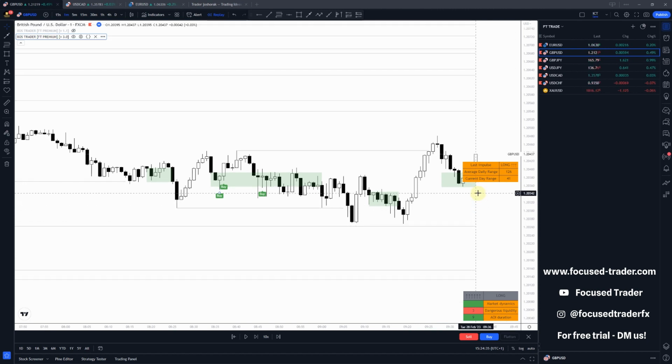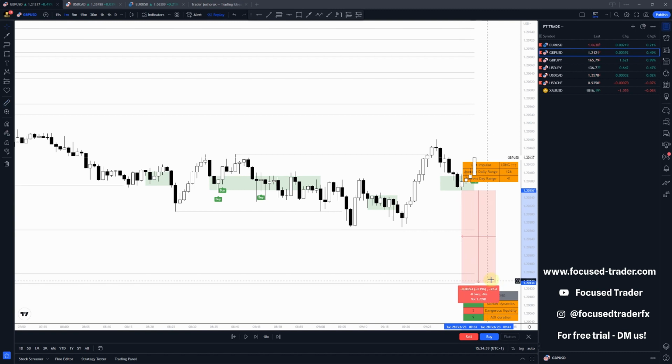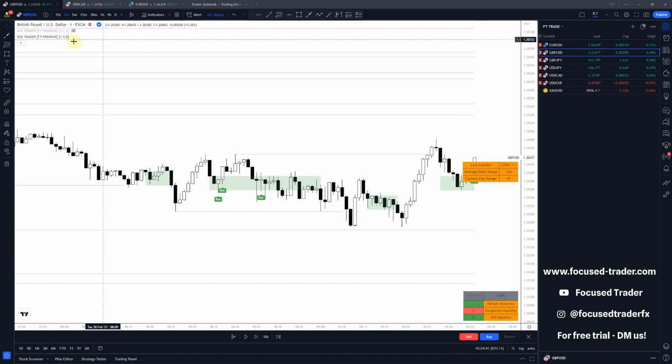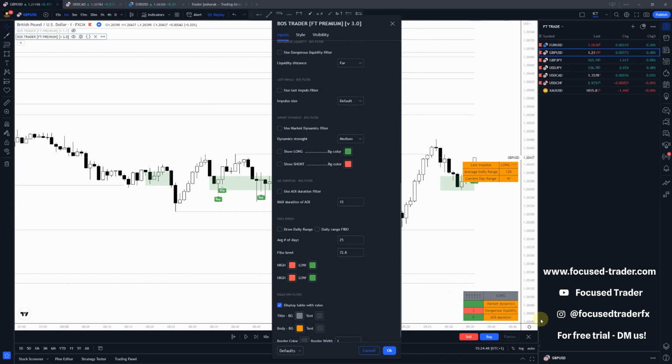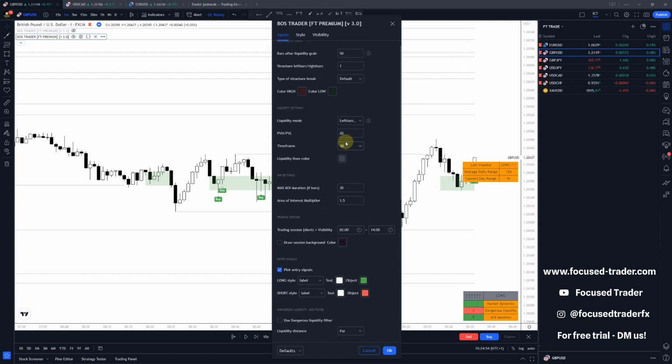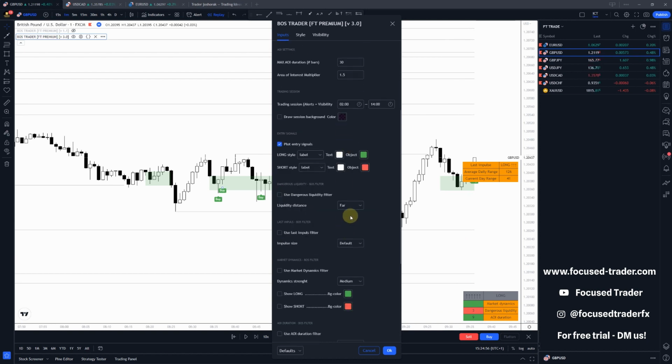As you can see, we are looking really far, which is not necessary. It's like 20 pips. This is not something that I will advise you to do, because this will filter out most of the situations, because there will always be some more liquidity below. So I'm using the default in this section.